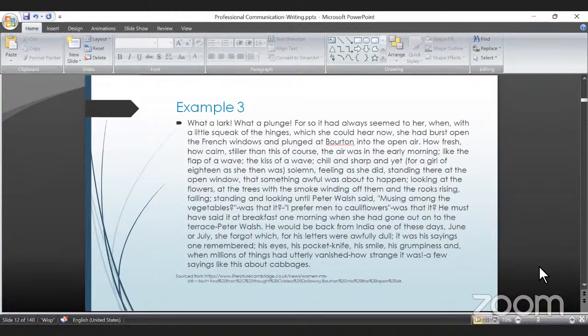You managed to read? Yes, ma'am. Now, what is the topic sentence in this paragraph? Any comments? Can you pick one from the paragraph that you just read? Is there any that you can pick from here?